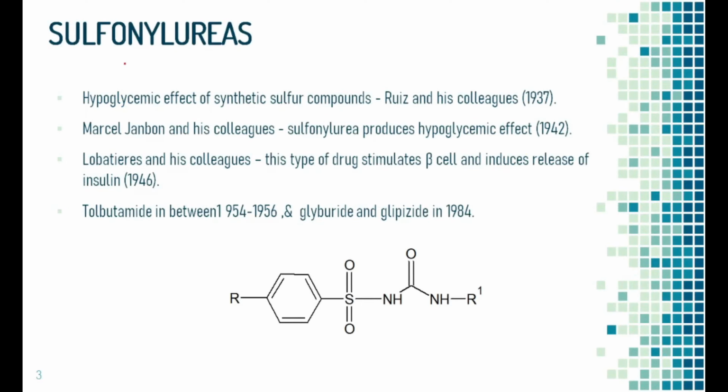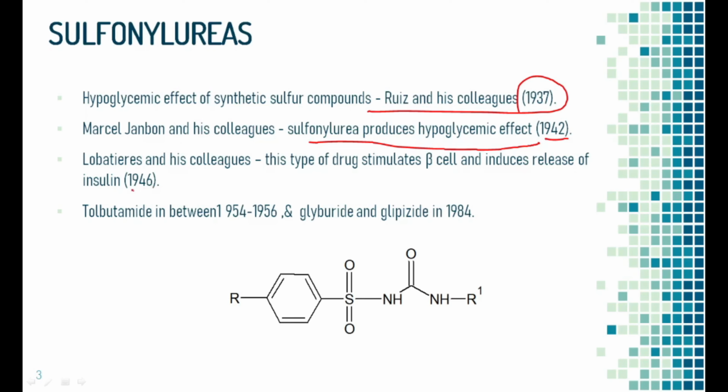Coming to the history, the hypoglycemic effect of synthetic sulfur compounds was first found in 1937 by Ruins and his colleague. Then the hypoglycemic effect of sulfonylurea was first established in 1942 by Marcel Janbon and his colleague.